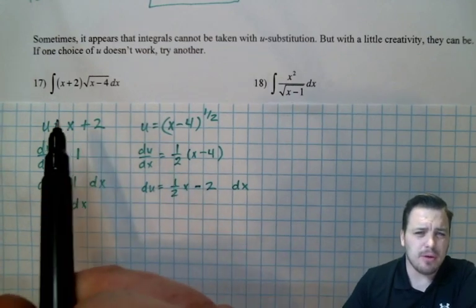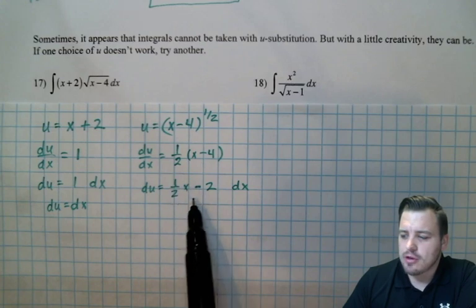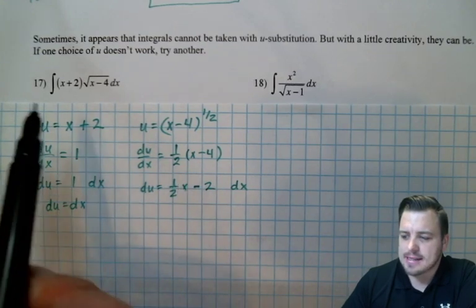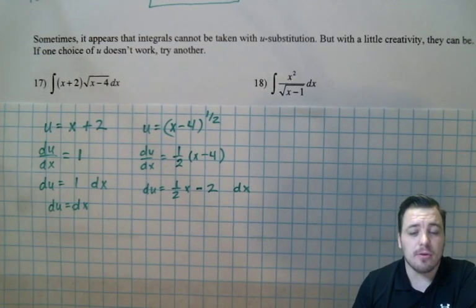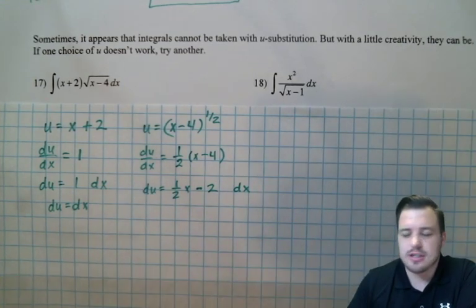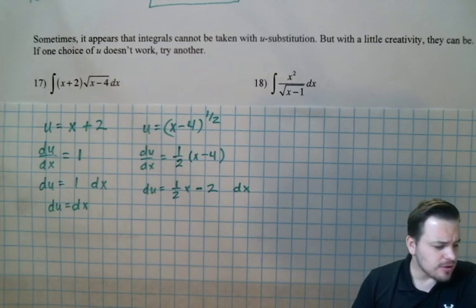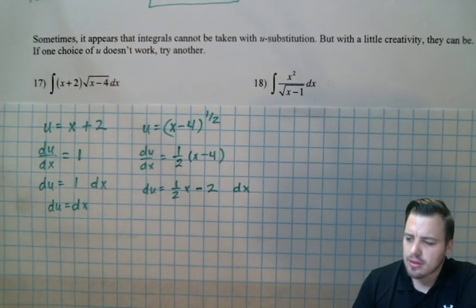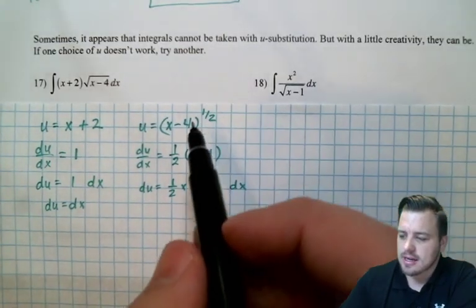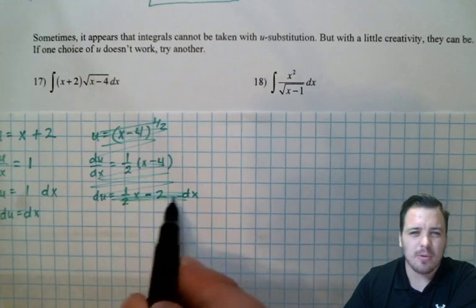Okay? So with both of these right here, they both look pretty nasty, because I'd have to say, well, what do I multiply this by to get it to that? So these are both pretty nasty, all right? But the instruction says, with a little creativity, you can. So here's what I want us to think about. And actually, guys, you should have stopped me. This is wrong. Sorry. I knew that looked weird.